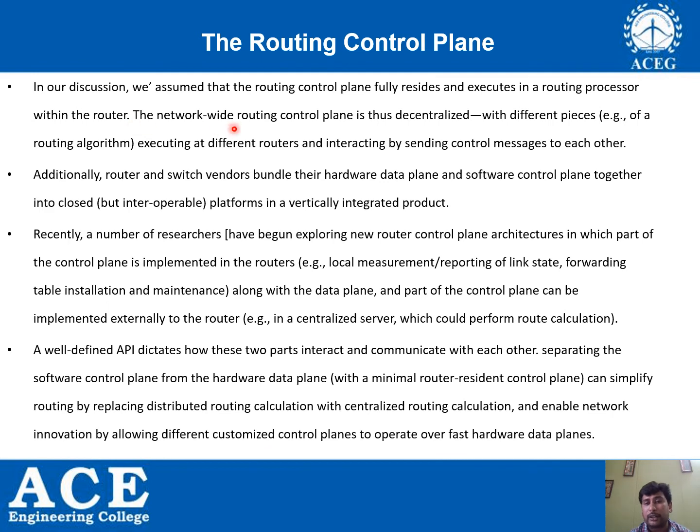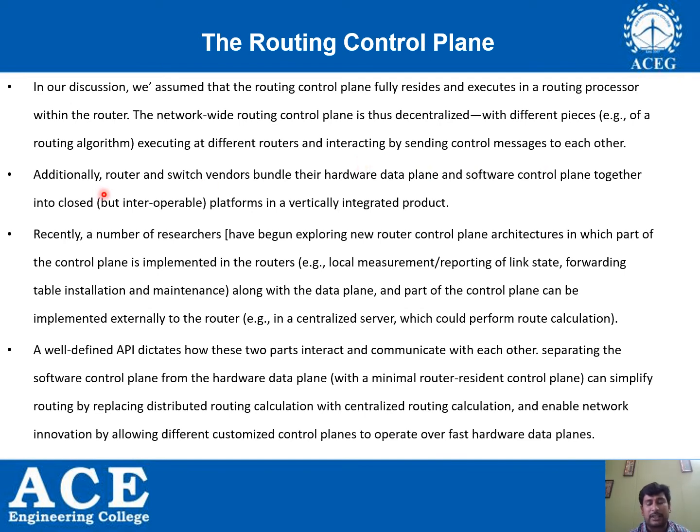The network-wide routing control plane is decentralized. If I have 10 routers, every router will have its own routing control plane, and it is a decentralized version, and these routers will be communicating with each other. So the routing control planes of each router will have to send some control exchange messages to each other to implement the routing function, because the routing control plane is executed independently by each router.